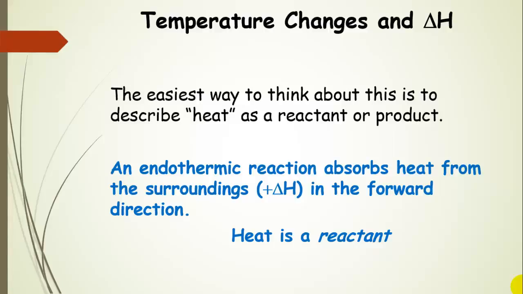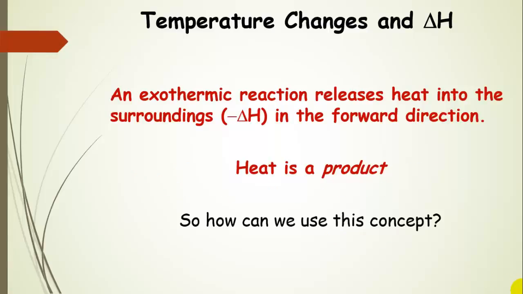So you have reactant plus heat going to product, and that's an endothermic reaction. An exothermic reaction is the opposite. So remember, these are the reactions that feel hot. So they release heat into the surroundings in the forward direction. So that means heat is a product. So we're going to have reactants going to products plus heat.